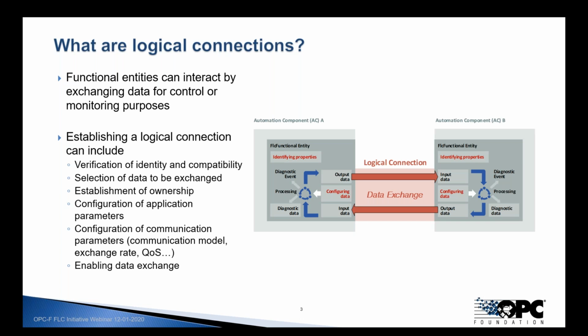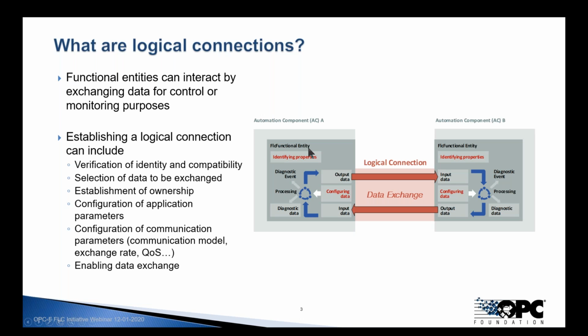First, what are logical connections? What we heard already is that a functional entity has some input data, some output data, some properties, some diagnostic data. It has processing inside and configuration data. That was already told to you by Paul, just prior to my talk.